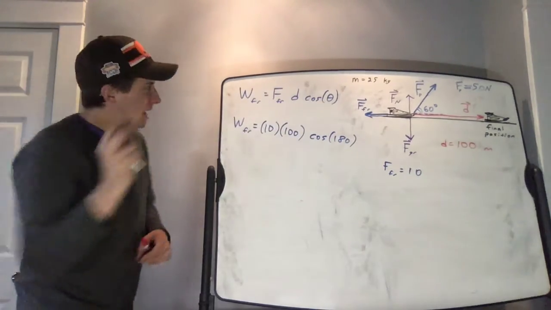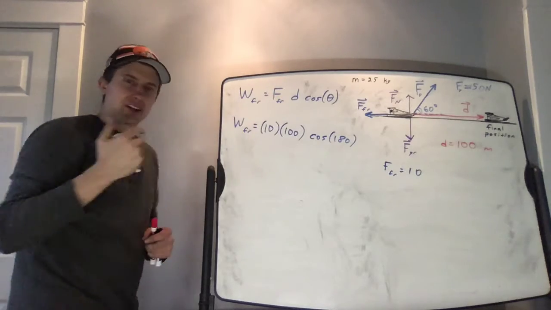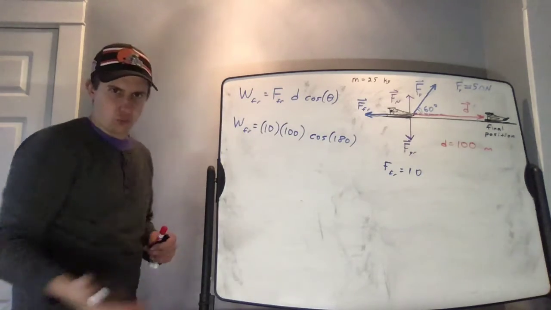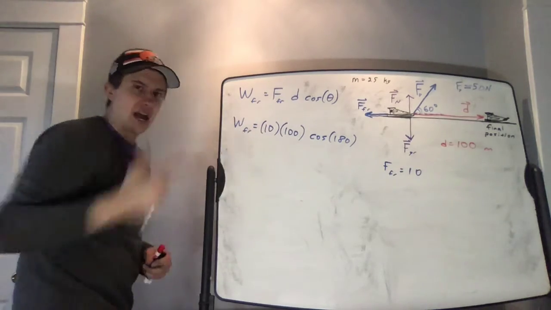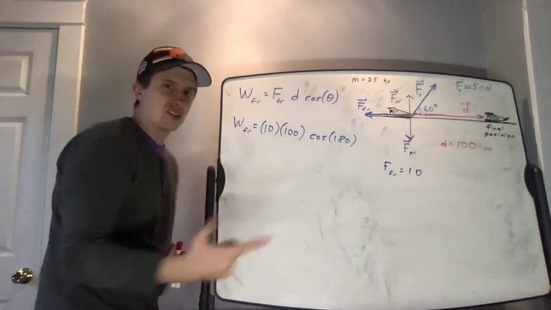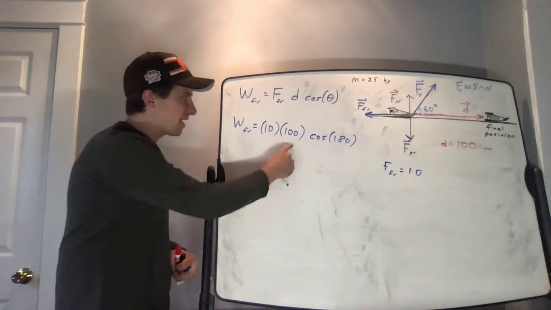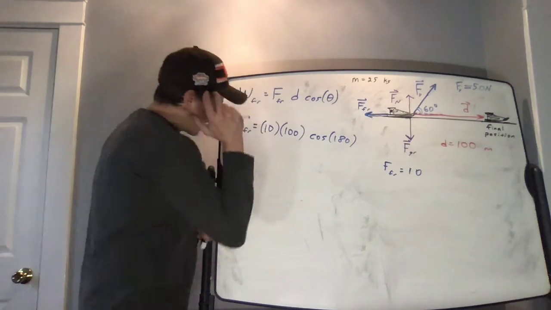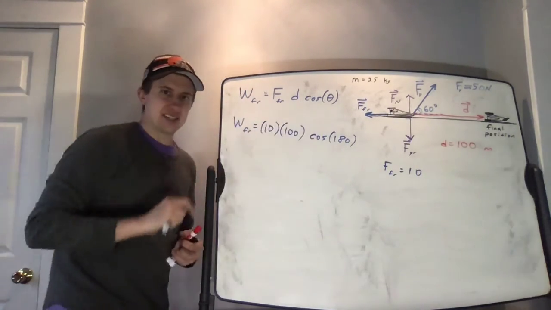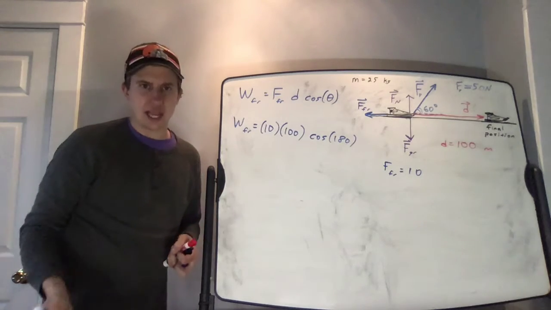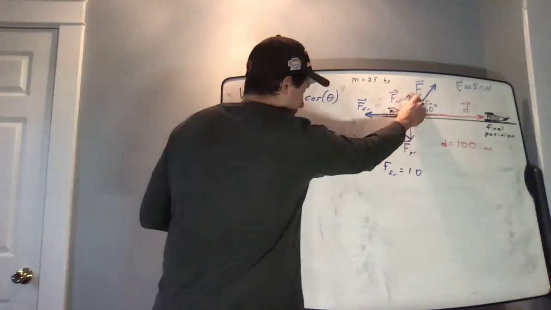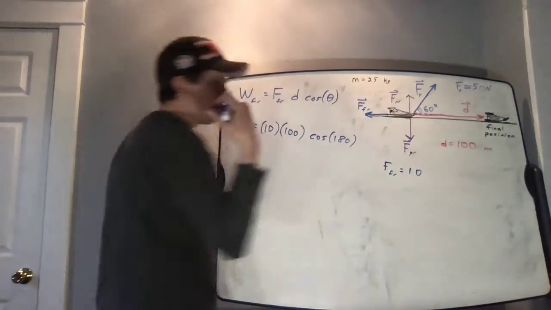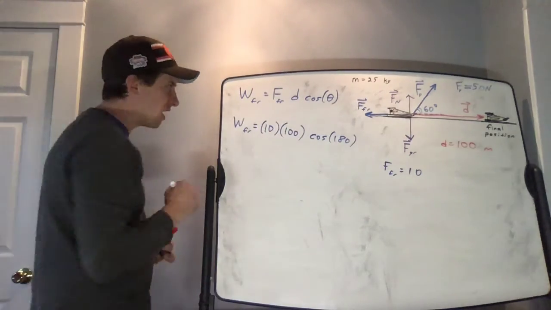As I said, when I am plugging numbers into this equation for work, F is the magnitude of the force, that's an inherently positive number. D is the magnitude of the displacement, that's an inherently positive number. But I account for direction when I plug in this angle. And this angle could change depending on what force I'm considering: the pull, friction, normal, gravity, something else in a more elaborate problem.